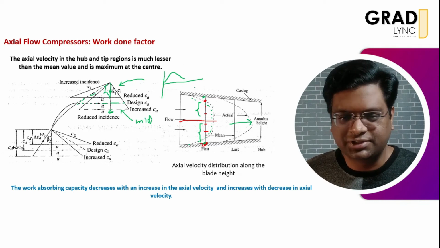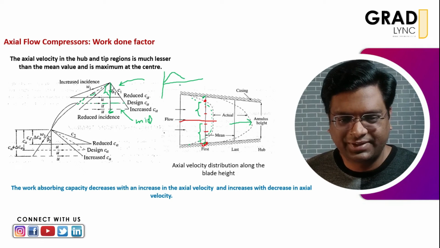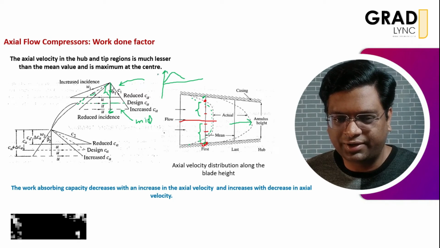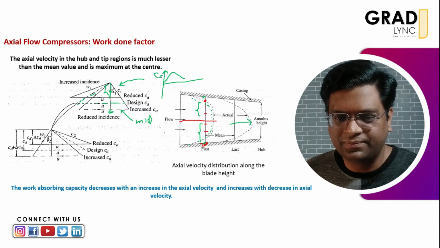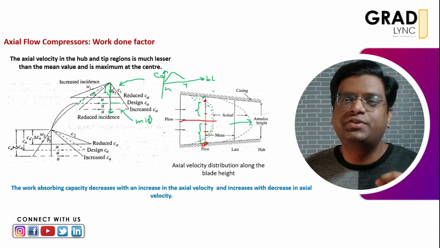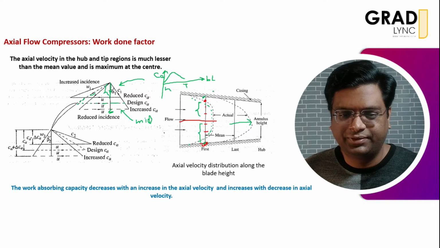The y-axis represents the value of axial flow velocity, and the x-axis represents the blade length, from hub to tip. So this is how the velocity triangles are changing with the change in the axial velocity.